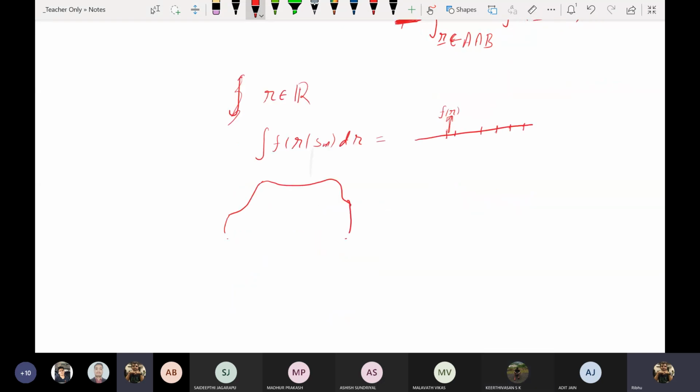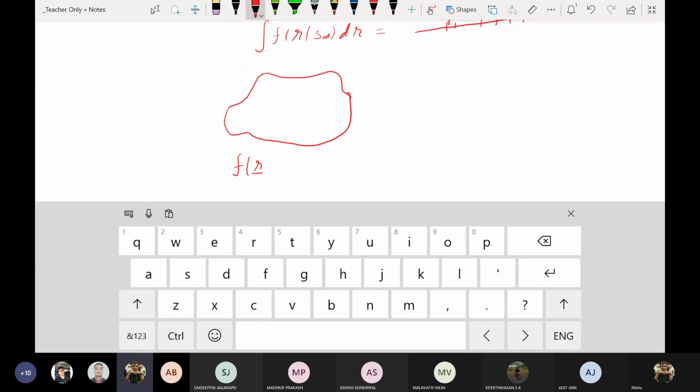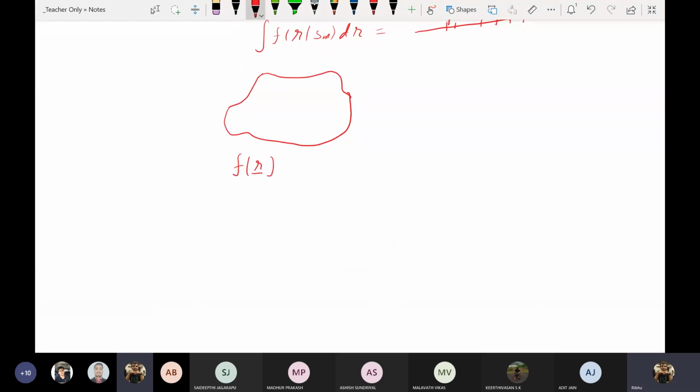Now if you have a function of two variables, f of r, where r is two-dimensional, and let f be a map from the two-dimensional space to the one-dimensional real line.